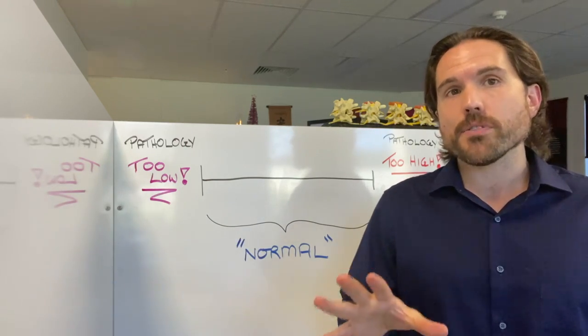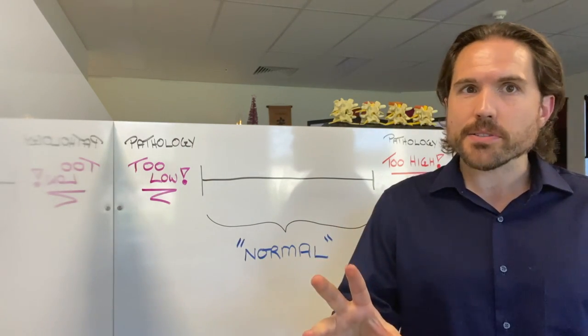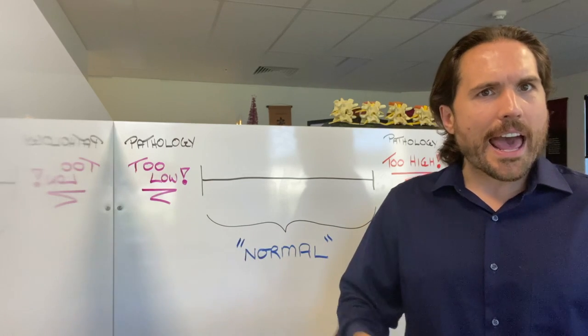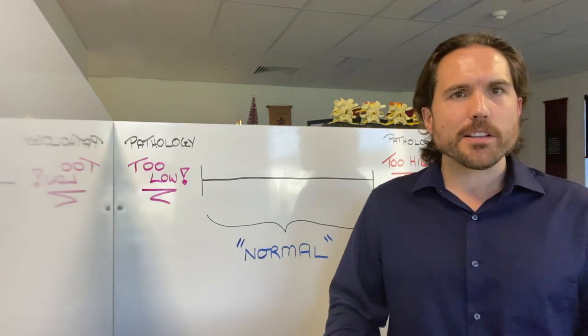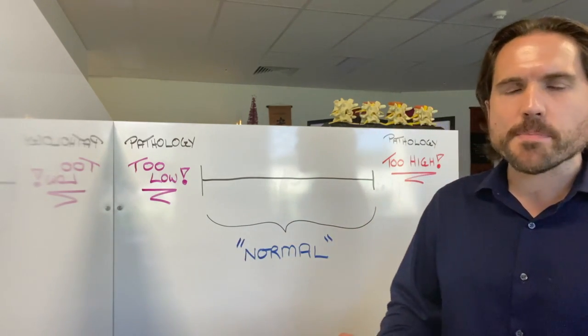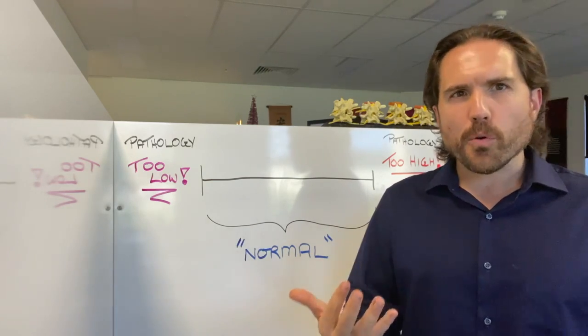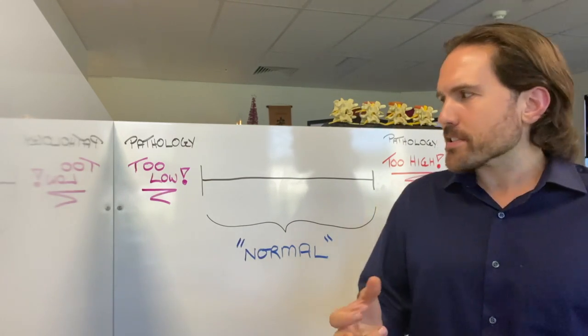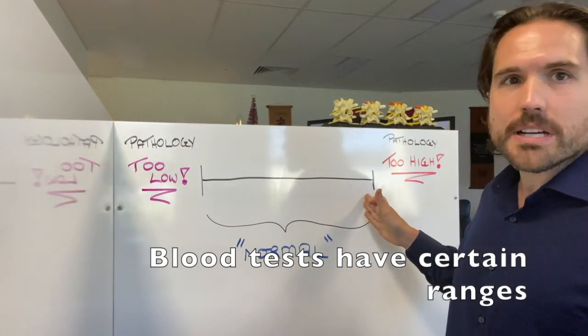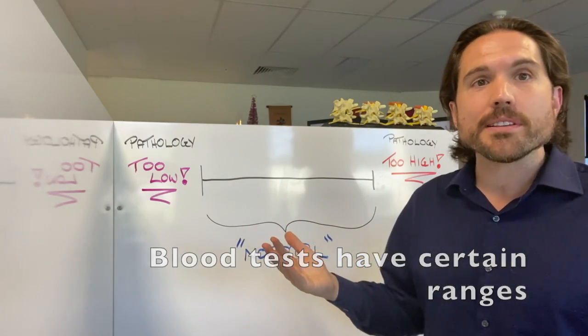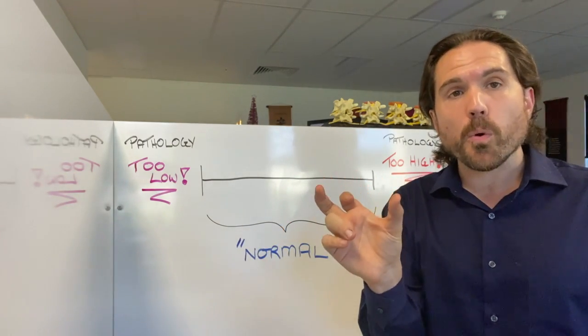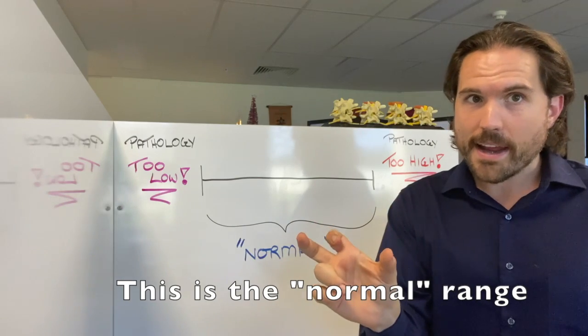I'm going to use the illustration of a blood test without putting in any actual numbers or anything like that to illustrate. So you know that if you go to your GP, your specialist, whoever, if they order you some kind of a blood test, it's going to have a certain range associated. There's going to be certain numbers and they say, okay, this is the quote normal range.